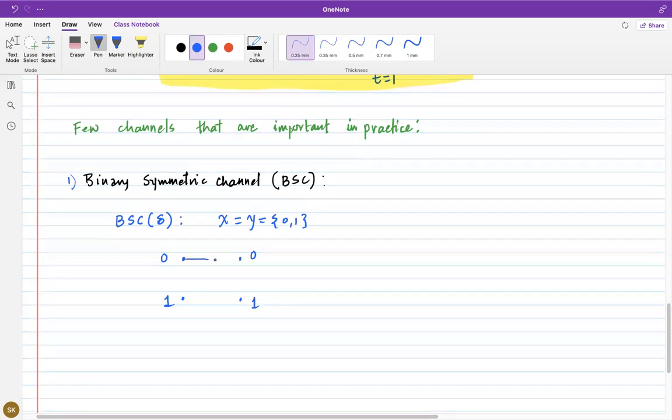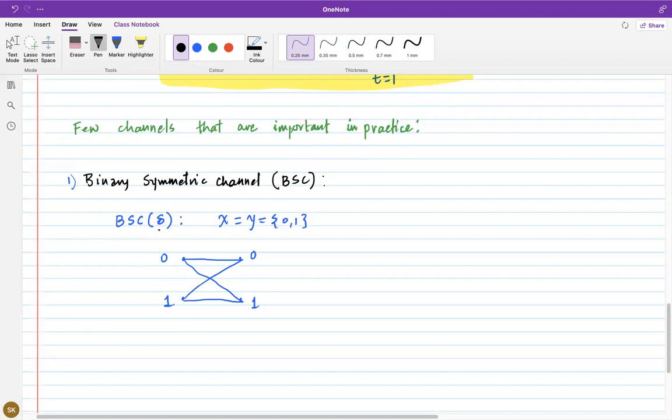With some probability 0 maps to 0, and with some probability 0 also goes to 1. Similarly, 1 goes to 0 with some probability, and 1 remains 1 with some probability. Now we'll assign probabilities to it. That is given by this delta.